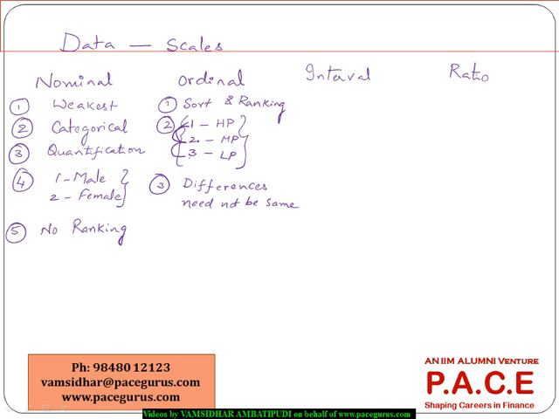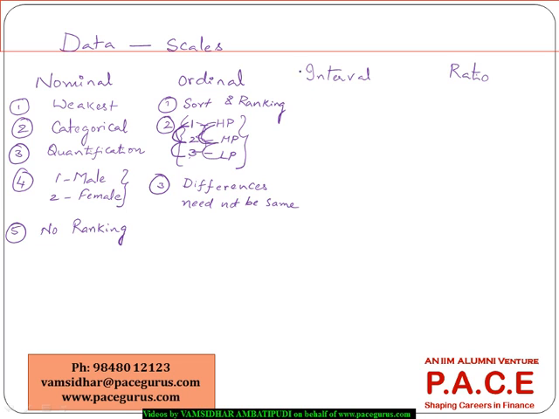Mathematically this difference is equal, but I'm not sure whether the difference from high performance to medium performance is the same as the difference between medium performance and low performance. So here only the ranking or the categorization of the data is important, but the difference between the different ranks is not clearly communicated in the ordinal scale.